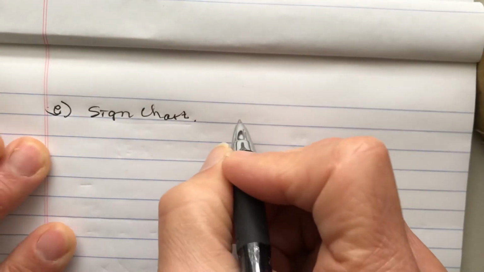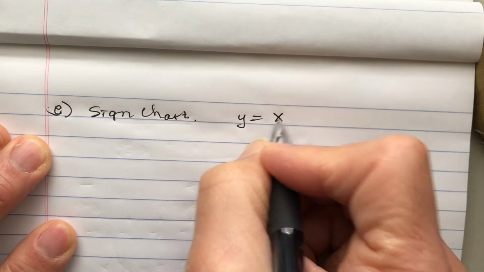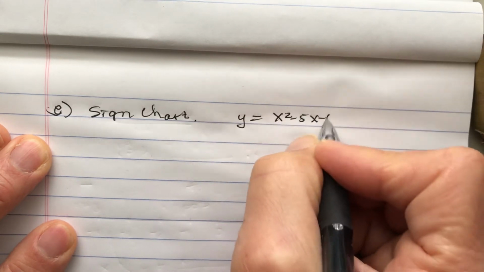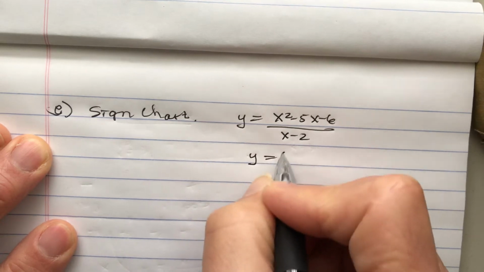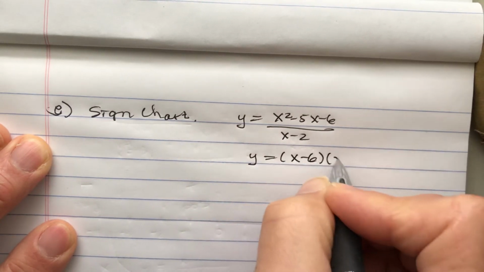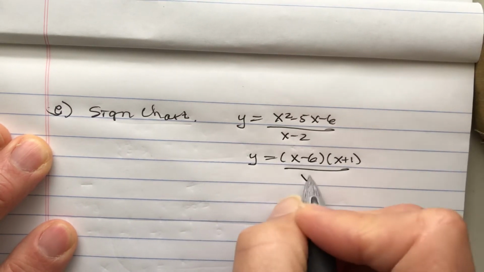So for E, I'll do the sign chart. I still have y equals x squared minus 5x minus 6 over x minus 2, which we already factored as x minus 6 times x plus 1 over x minus 2.